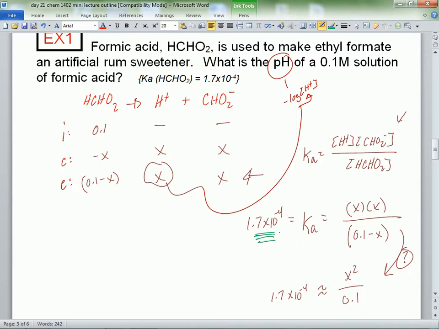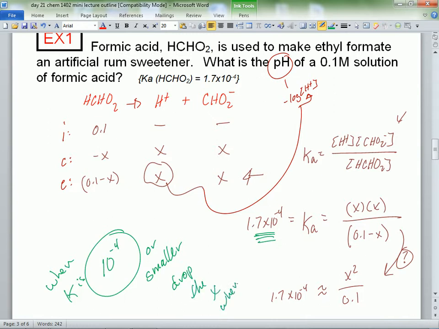So the rule pretty much is, and we're right at the border right now, 10 to the minus 4 or smaller. You could say when K is 10 to the minus 4 or smaller, drop the x.